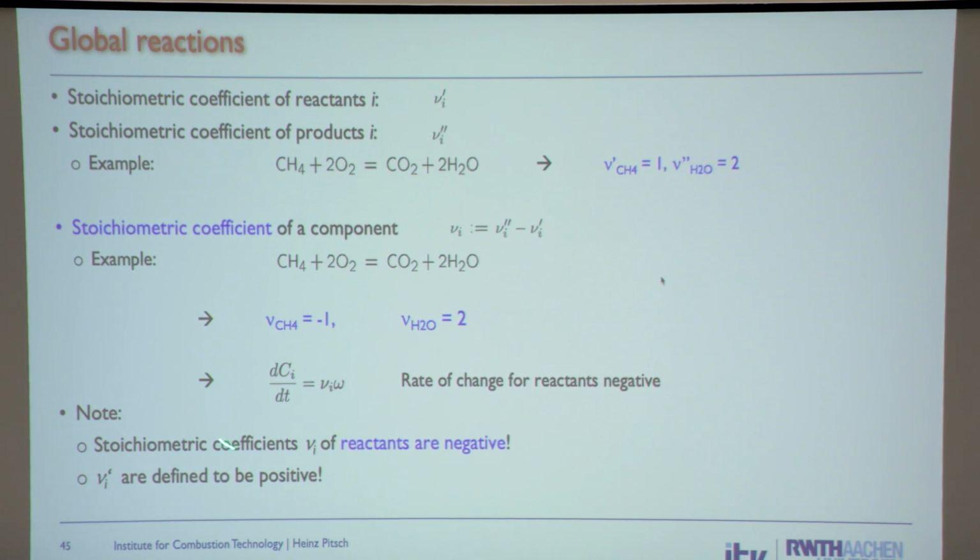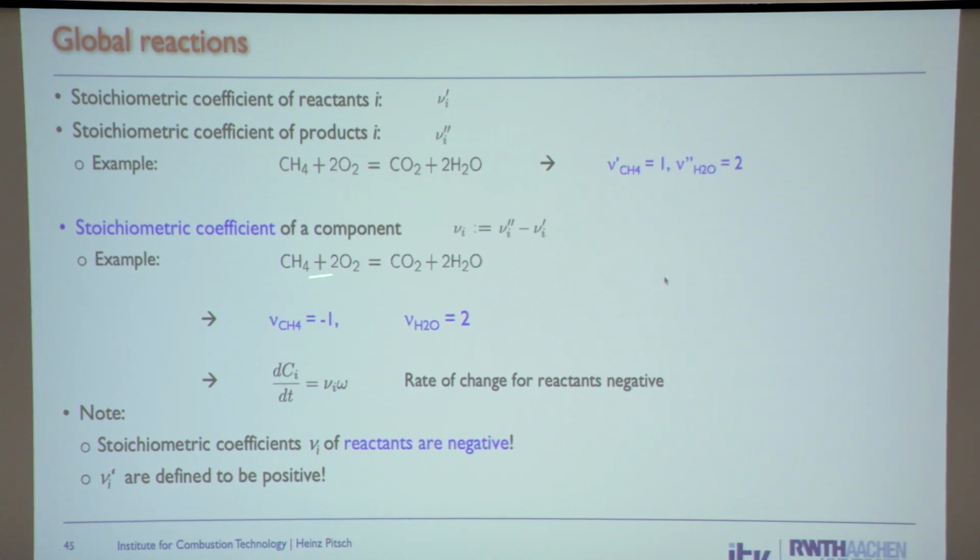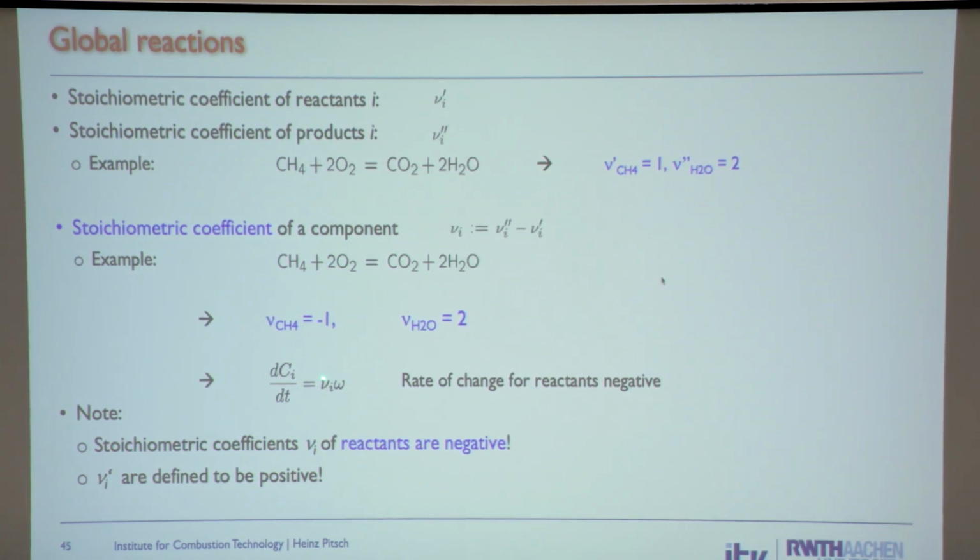So if I write a reaction equation like this, the change of the concentration in time is equal to the reaction rate, how often this reaction proceeds, times the stoichiometric coefficient. For methane it's negative because it's consumed, and for water it's positive because it's produced. So sometimes we go back and forth, and then we need to worry about the sign.